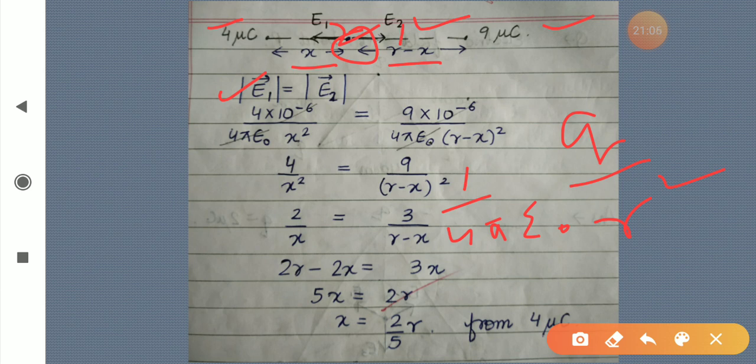So due to charge 4 microcoulomb, the electric field is 1 upon 4 pi epsilon naught 4 into 10 to the power minus 6 upon x square, is equal to 9 into 10 to the power minus 6 upon 1 upon 4 pi epsilon naught into (r minus x) square, as you can see. So cancel what cancels on both sides, and this side you are left with 4 upon x square. Right side you are left with 9 upon (r minus x) square, okay?